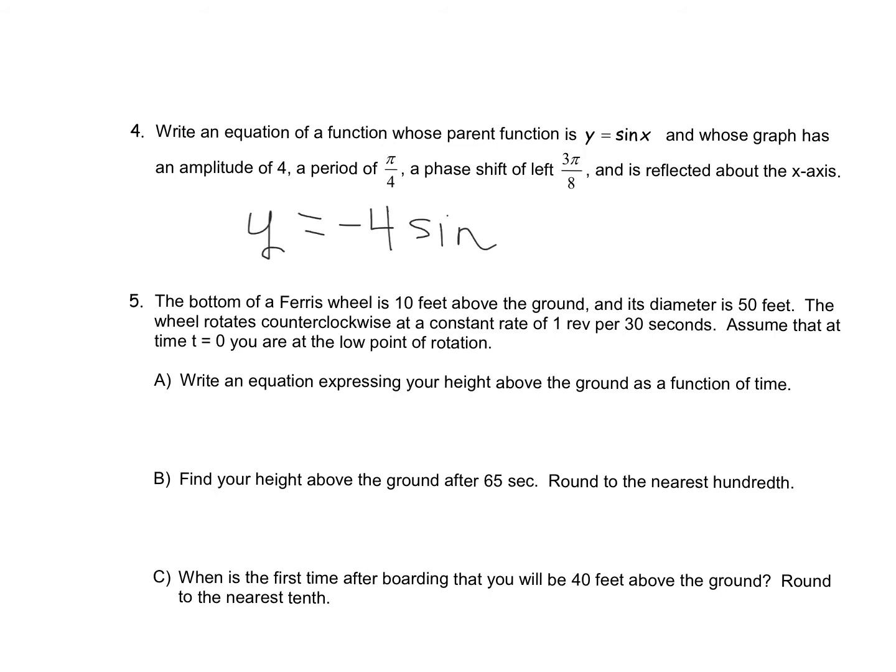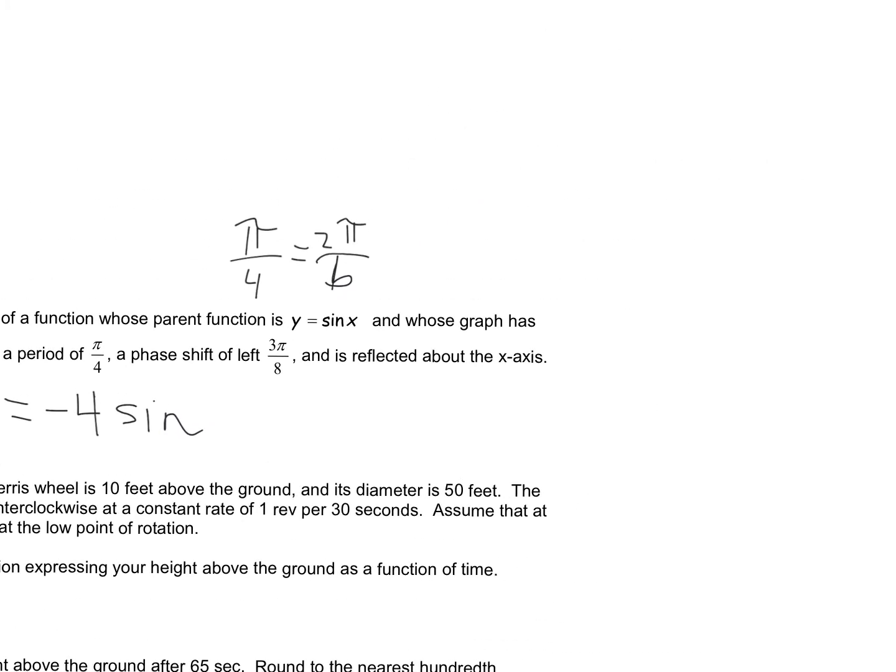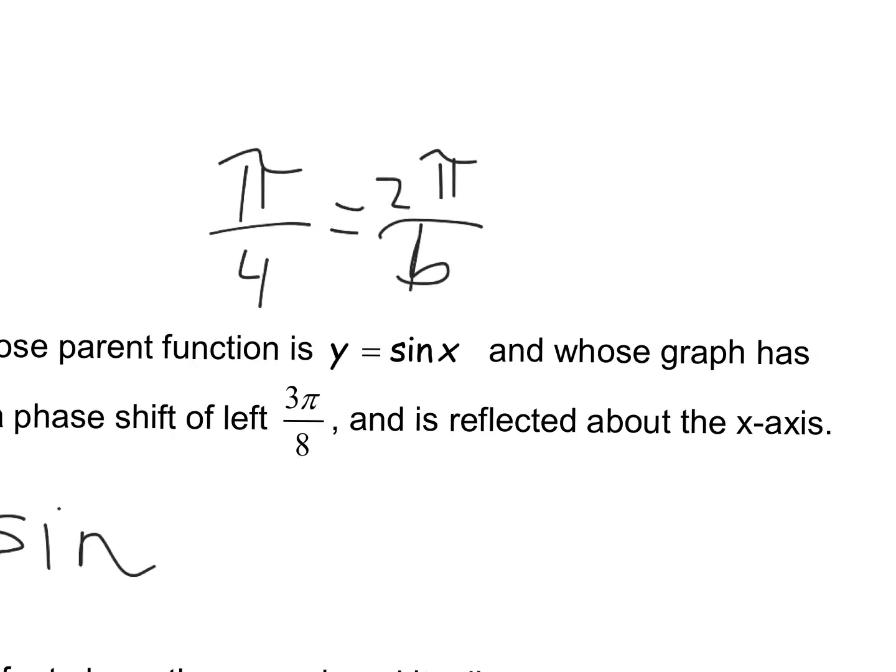Sine. If I have a period of pi over 4, I'm going to come up here on top and go pi over 4 equals 2 pi over b, so then I can figure out what my b is. We're going to invert those, so that's going to give us b equals 2 pi over pi over 4.